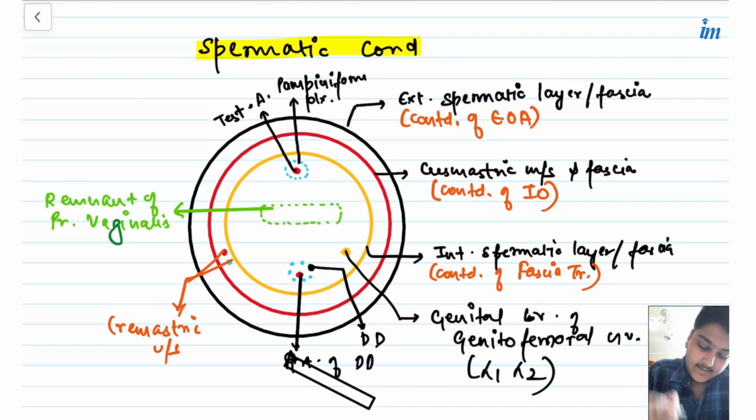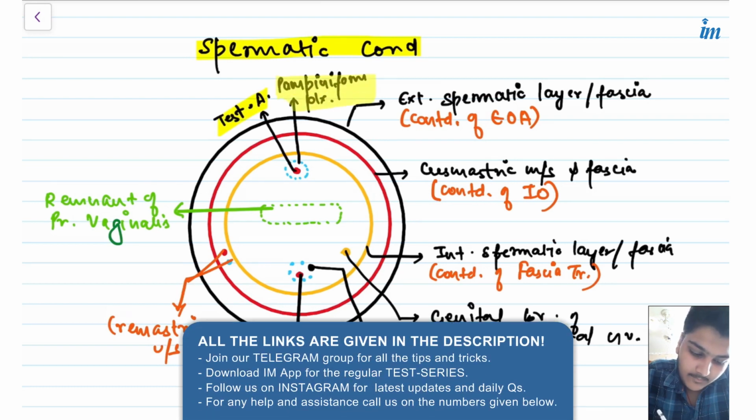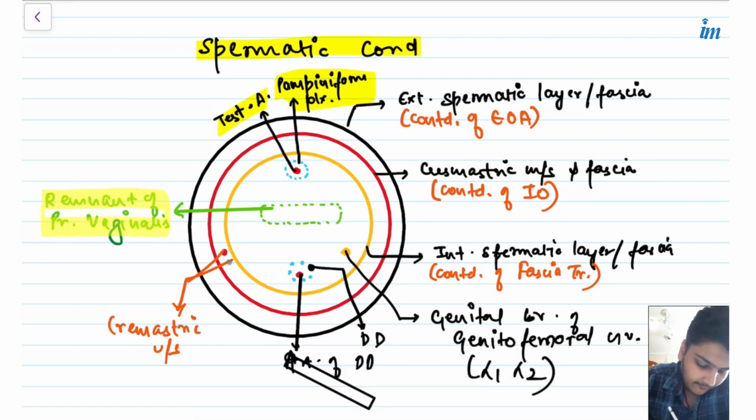So let's summarize all the contents once again. We have testicular artery. We have pampiniform plexus around the testicular arteries that is made by testicular veins only. We have the remnant of processus vaginalis. We have cremasteric vessels that will supply your cremasteric muscle and fascia. We have artery to ductus deferens.